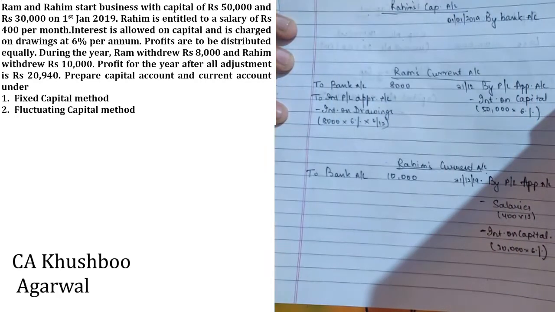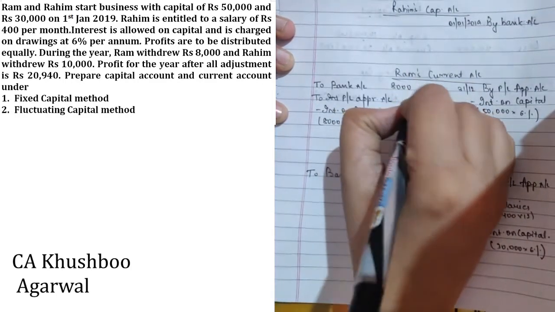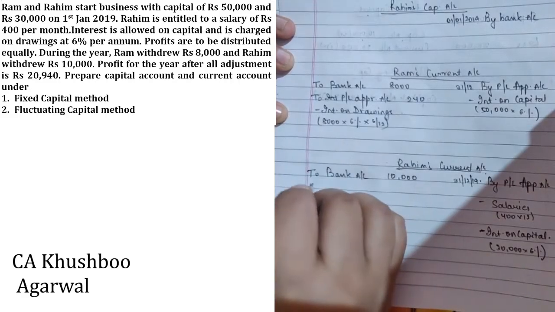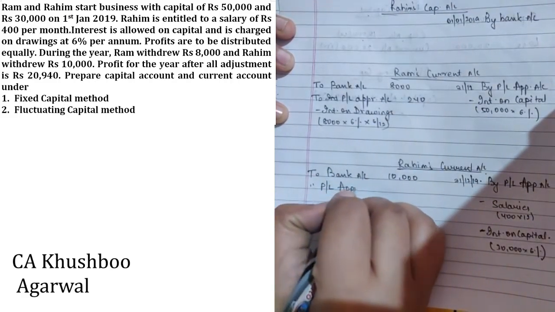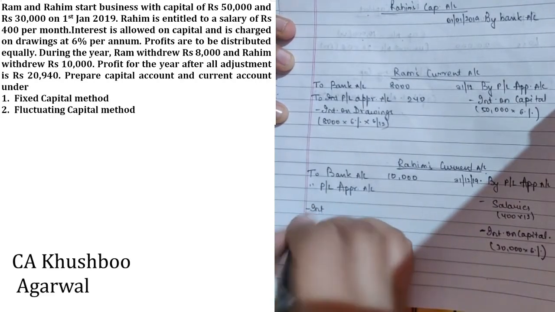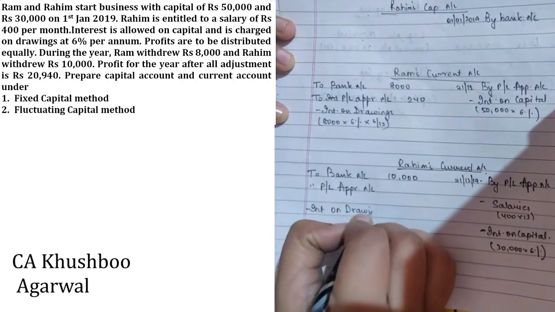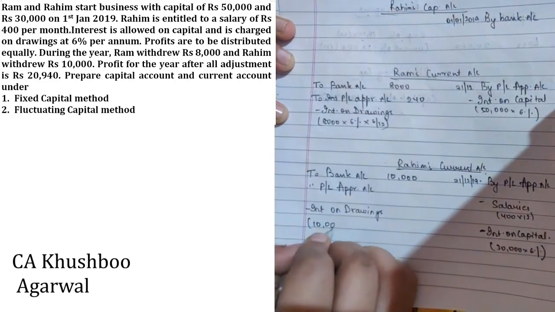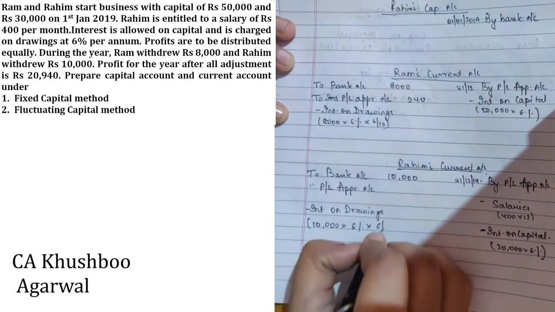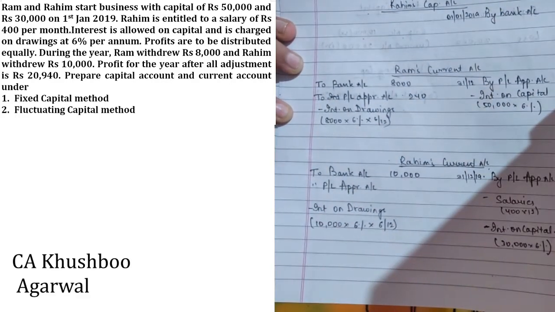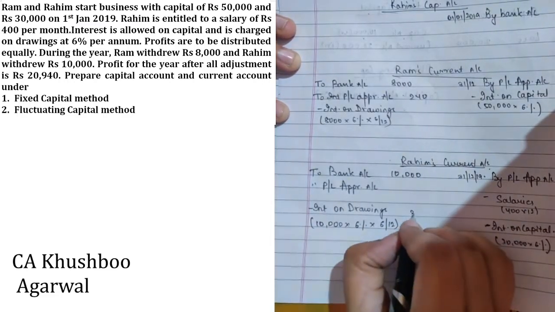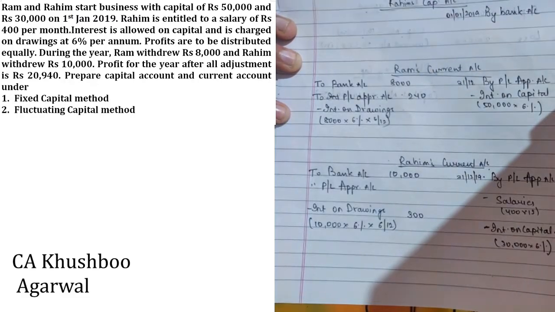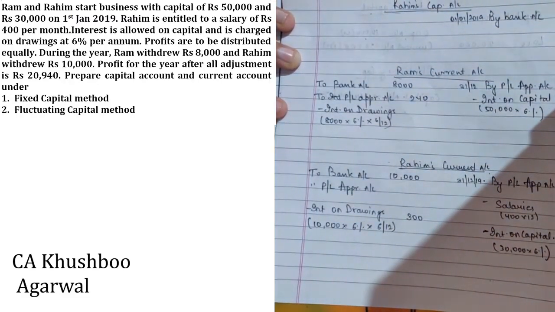Therefore the interest amount will be 8,000 into 6% divided by 2, giving us 240 for Ram, and for Rahim it will be 10,000 rupees into 6% into 6 by 12, giving us 300 rupees.